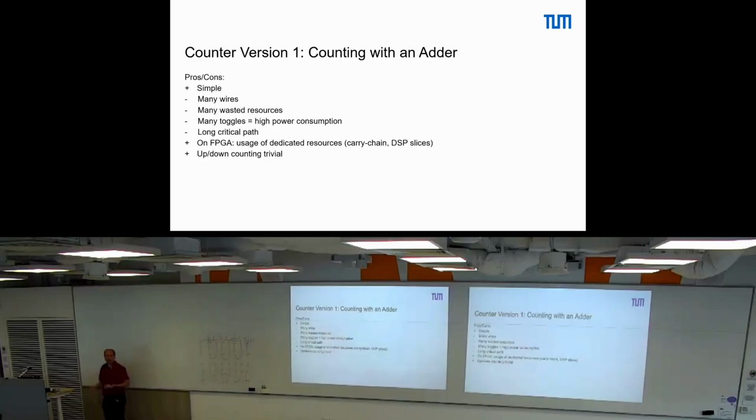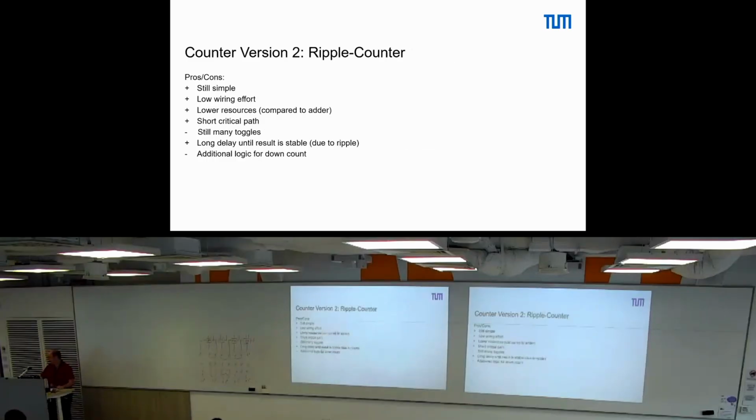So we can have a higher frequency. Okay, so with this said, it should hopefully motivate you a little bit why we do something else than just using an adder. And the first thing we can do is we just use something called a ripple counter.